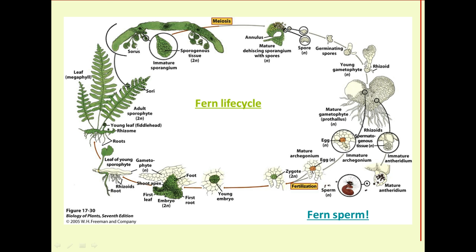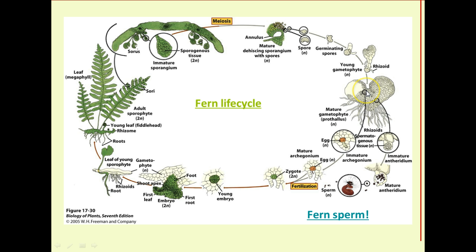But just really quickly, I'm going to point out a few differences in the fern life cycle. Each of these is a sporangium, and within that sporangium they're producing spores through meiosis. They're going to be thrown with the annulus, germinate, and become this mature gametophyte called a prothallus.